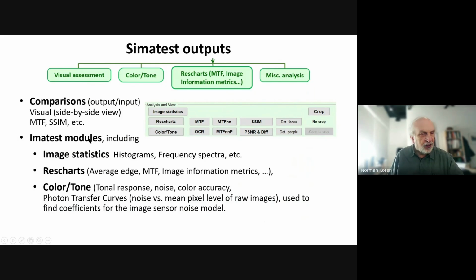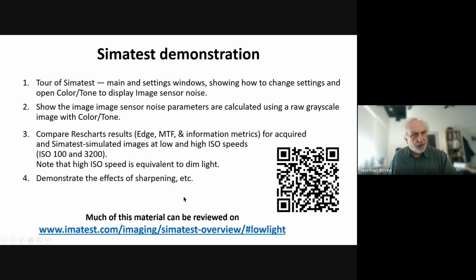More importantly, I think we can directly send the image very quickly to Imatest modules, including image statistics, Res charts, and Color Tone. And we'll be illustrating those in the demonstration.